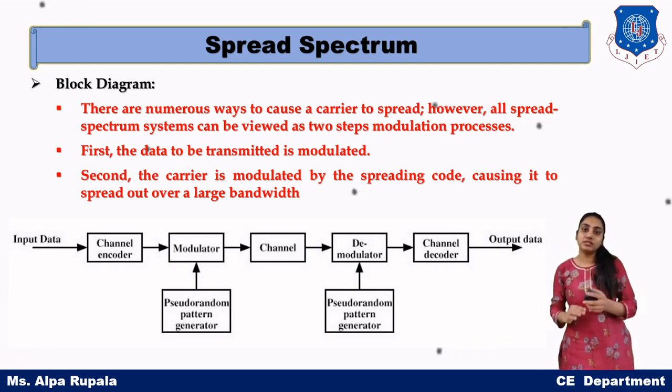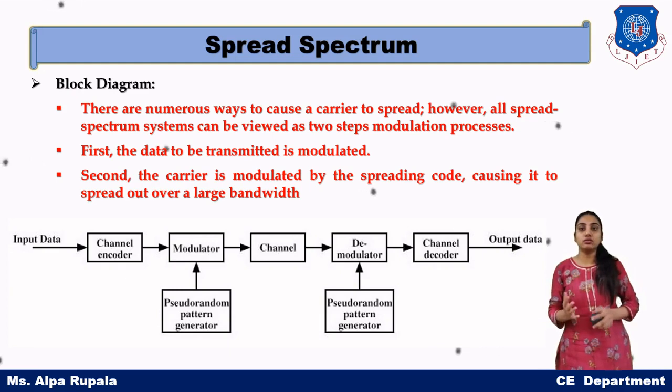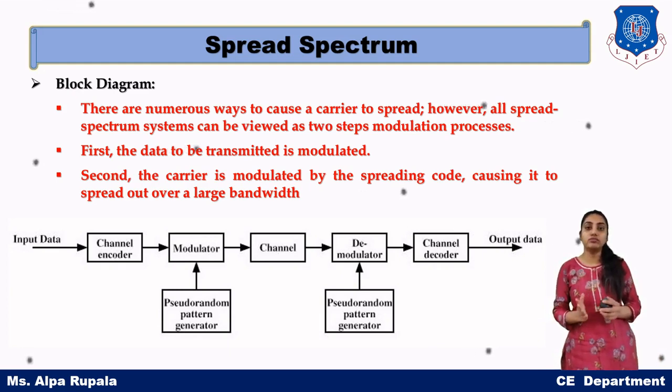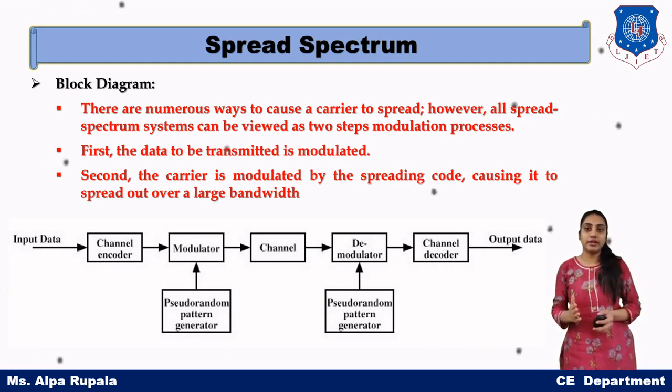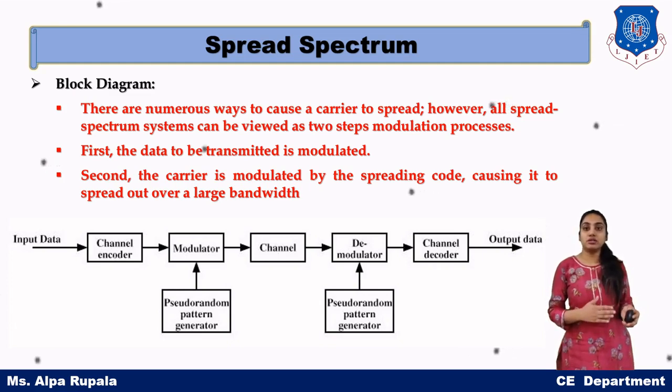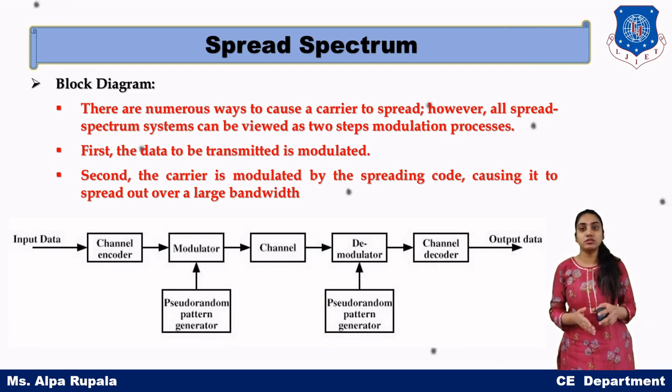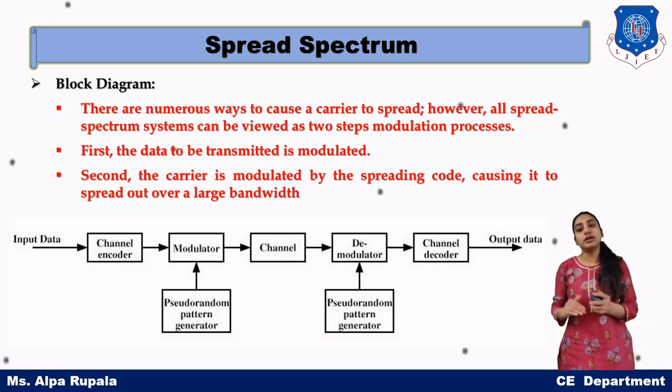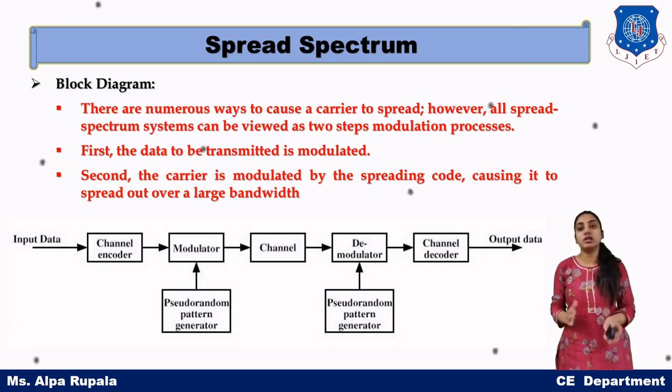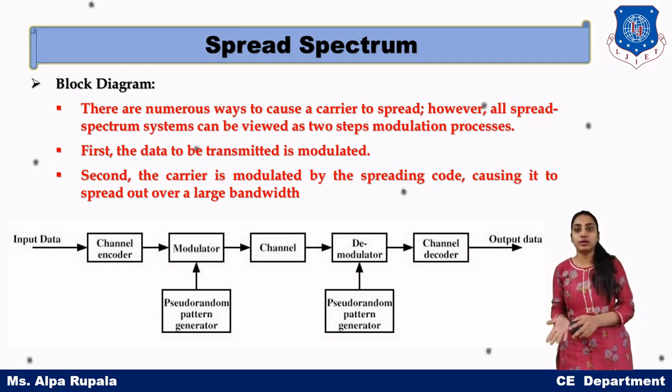Now at the receiver side we have a totally inverse process. The first step on the transmission side was encoding, and the second step was modulation. So at the receiver side, first of all we demodulate the signal with the same pseudo random pattern generator.